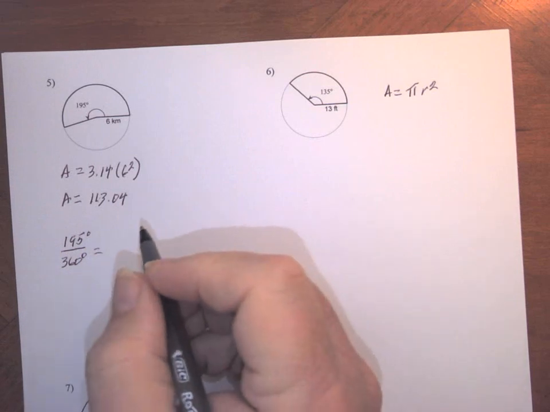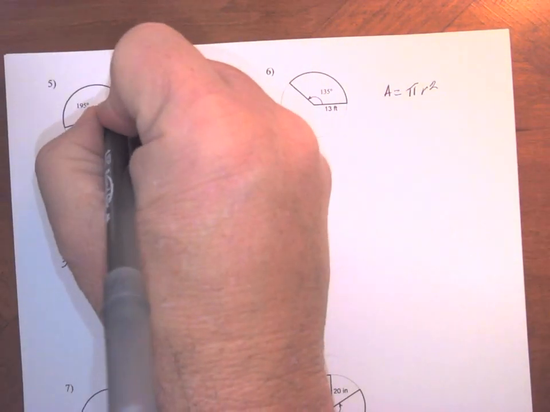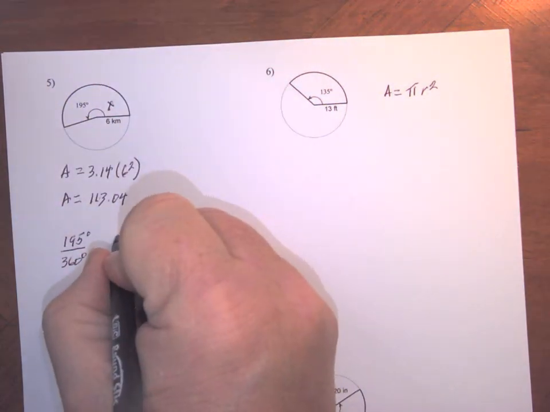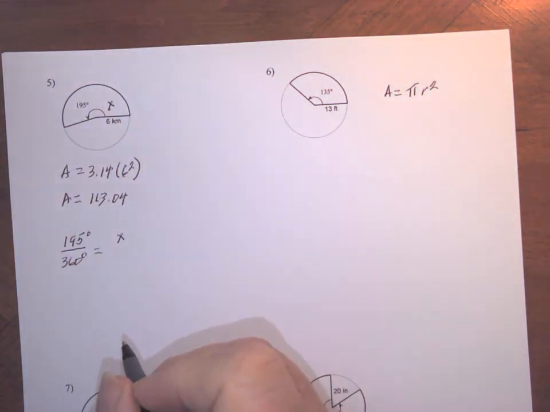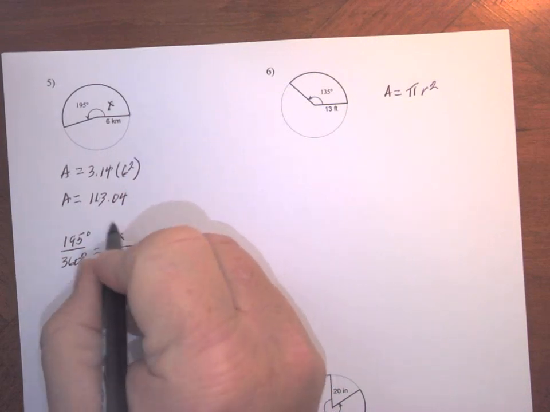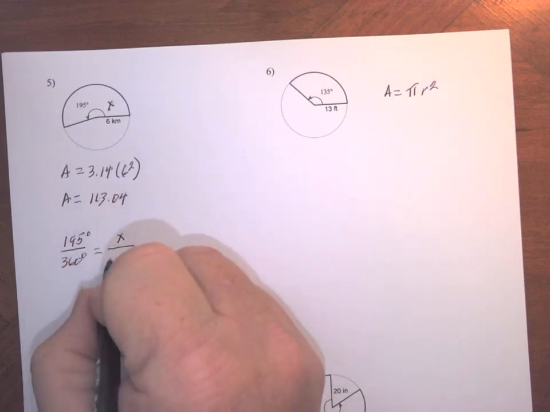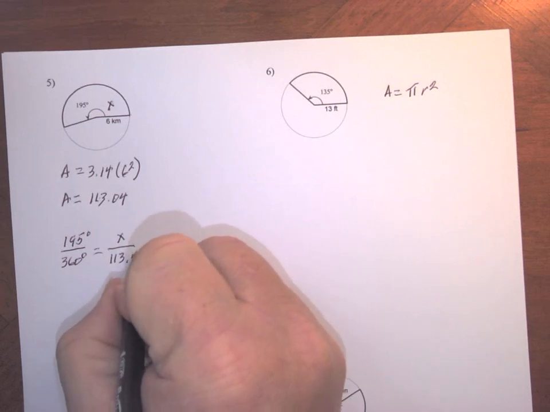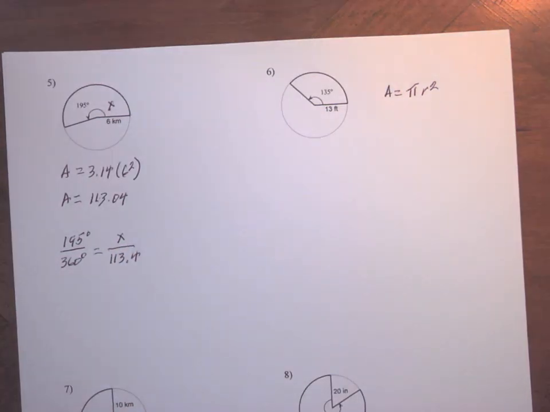And before we said that x was the measure of this arc. Well, now x is the area of that sector, and that area over the total area of the circle, which is 113.04, is our proportion.